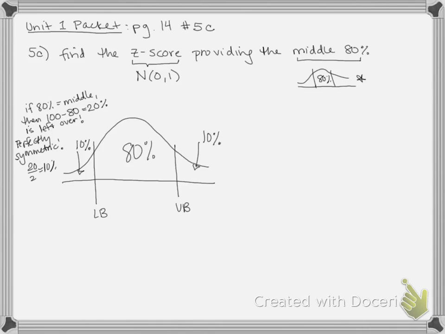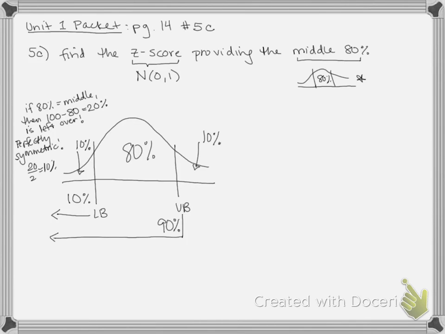So if you're looking at this picture, to the left of the lower bound is exactly 10%. But if you extend all the way to the left of the upper bound, which we must know because our calculator only understands percent to the left, then we have 80 plus 10, or 90% of the data lying to the left of the upper bound.